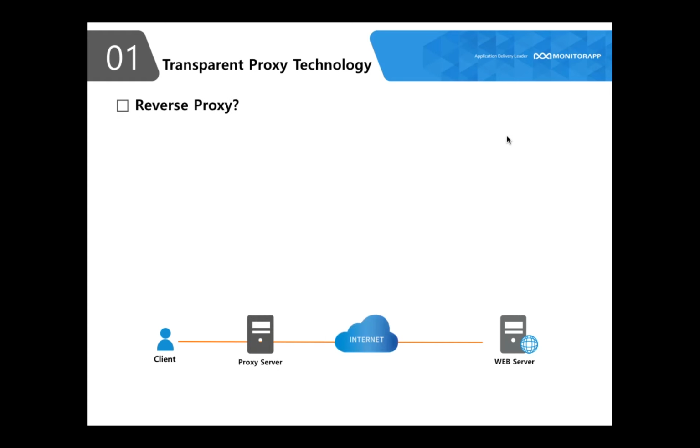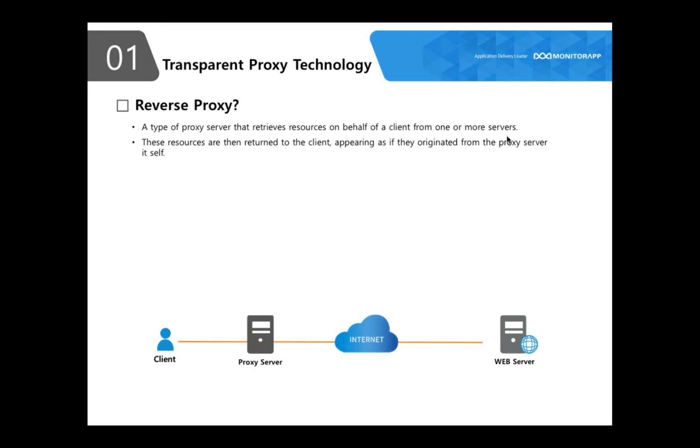Then the reverse proxy. If you use a cloud network system or cloud network security or virtual machine type, like virtual type or software type appliances or services, then you have heard of the reverse proxy. The reverse proxy is a type of proxy server that retrieves resources on behalf of a client from one or more services.